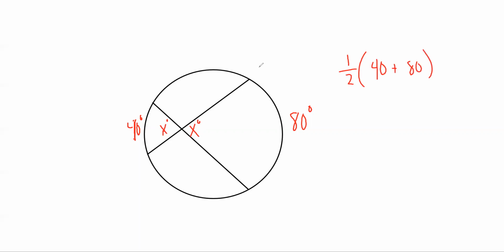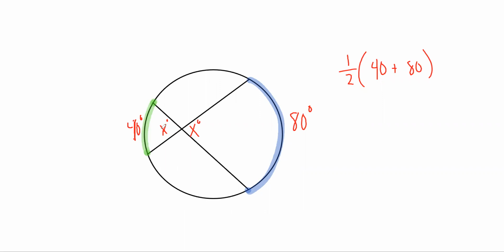Do you see how this here is an intercepted arc and this here is an intercepted arc, right? Because there's my lines, right? So if I were to continue this line, I would have these two endpoints here, right? I'd have this endpoint and this endpoint, so then I have this arc, and then I have this endpoint and this endpoint here, and I have that arc. So those are my two intercepted arcs.